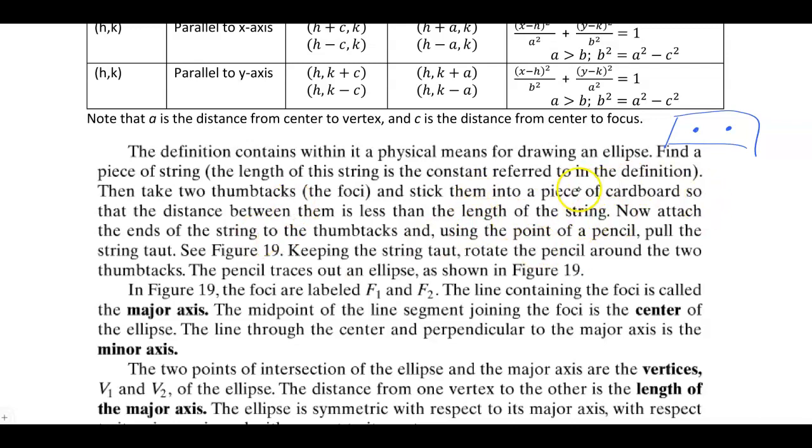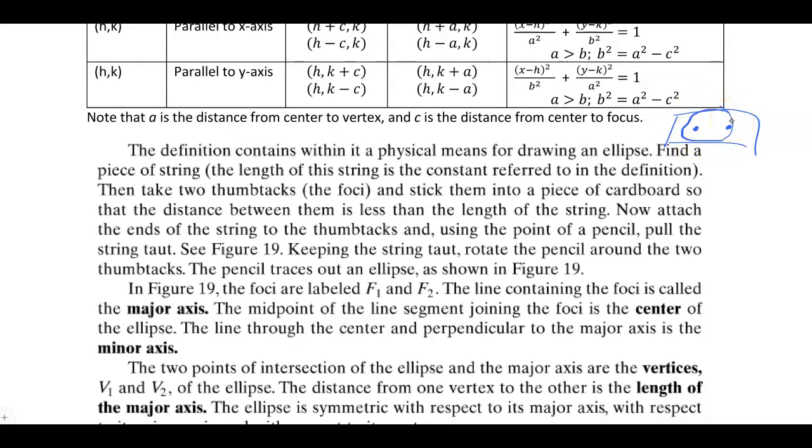And that's a very fun thing to try at home. See if you can form that ellipse that's going to come around from those two foci. So tying the string here and here, and use your pencil, and that string is going to guide your pencil as you go around.